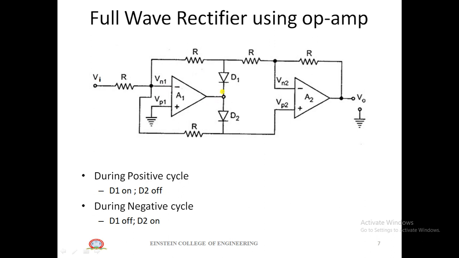Here the negative is connected to the cathode of D1. So D1 will be on, and this negative is connected to the anode of D2. So D2 will be off. So D1 will be on and D2 will be off. So there is no connection here. So there won't be any feedback to the operational amplifier. There won't be any connection to this terminal also.